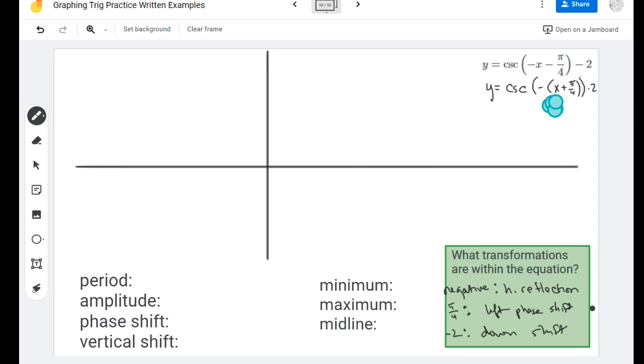Alrighty. So again, the cosecant is the opposite of the sine. So I need to prepare a sine function graph. So I'm going to go from -2 pi to 2 pi.